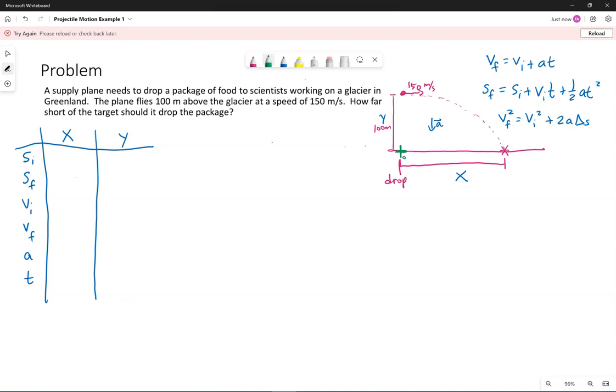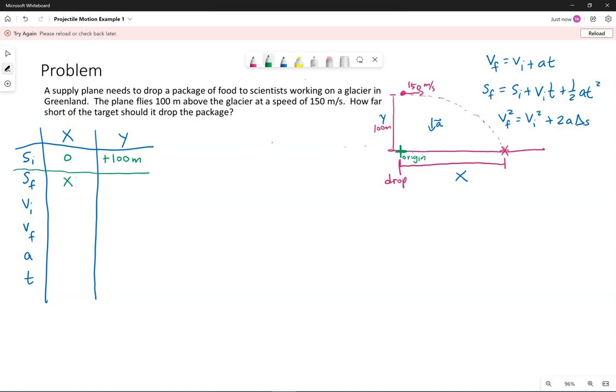If I put my origin down here at the ground, then I'm saying the initial position for x is 0, but the initial position for y is positive 100 meters. Positive because this package is 100 meters above where I have chosen the origin to be.